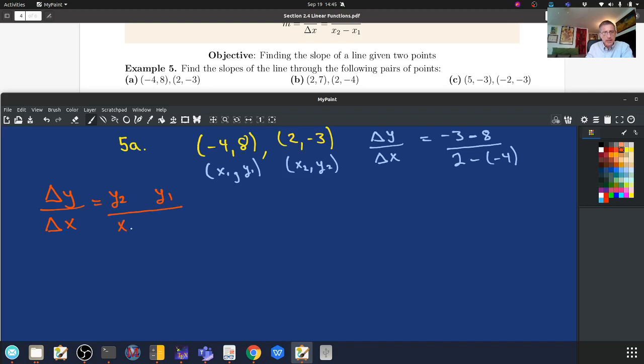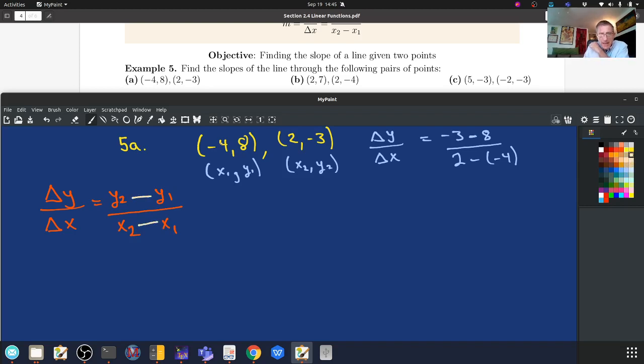I'm purposely not writing the minus sign is inherent to the formula.